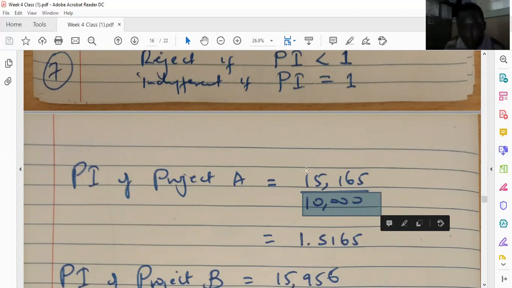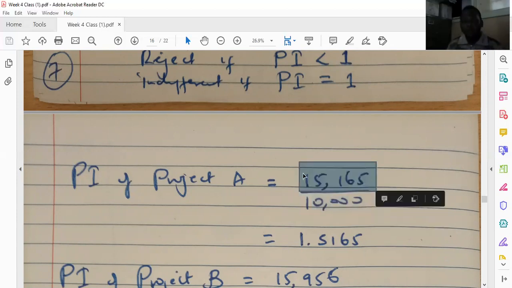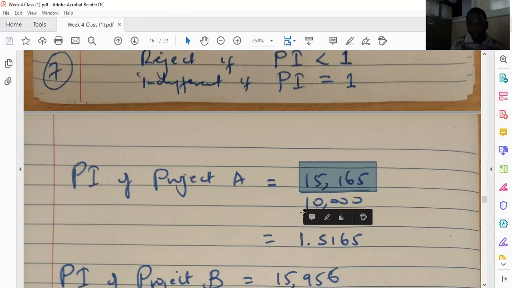We had obtained this figure when calculating the NPV. The present value of cash inflows of project A is 15,165, and the present value of cash outflow of project A is 10,000 shillings.